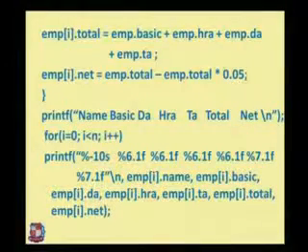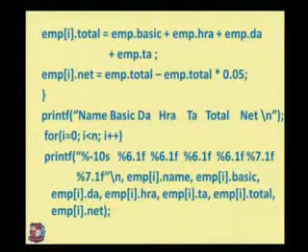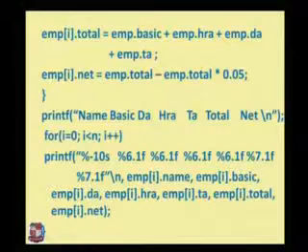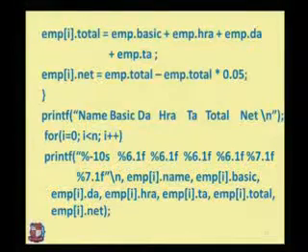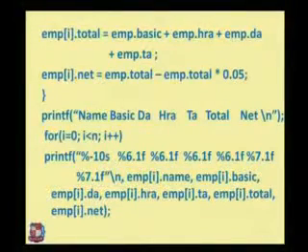Then the net salary, what the employee gets in hand. There is a 5% deduction of the total salary. So in the next line, employee array of i dot net equals employee dot total minus employee dot total into 0.05, that is only a 5% deduction.